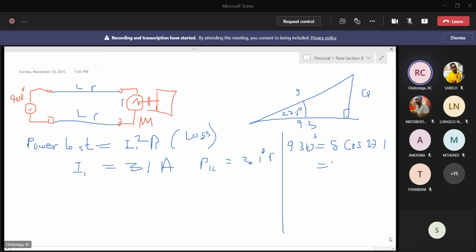Yes, very good. So it's 400 times I2, because the current is going to change, times cos, which we know is 0.89. That's where we got that 27.1 degrees. Therefore, you can now calculate I2. What is the value of the new current there? It's going to be 9.3 times 10 to the 3 divided by 400 divided by 0.89. What is the value of the current?